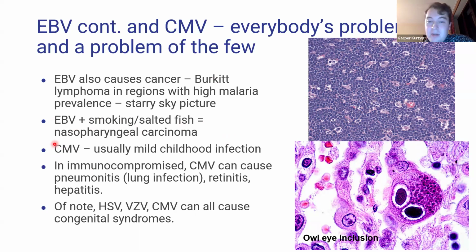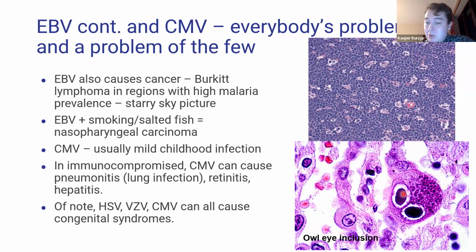And finally, CMV. Why is it important? It typically infects children. As I said, both for EBV and CMV. Most of us have it. However, in immunocompromised, it can get reactivated, cause pneumonitis, so the lung infection, retinitis, infection of the eyes, and hepatitis.